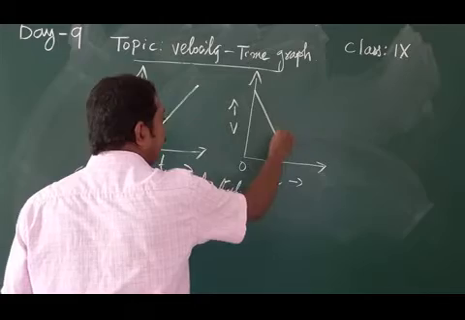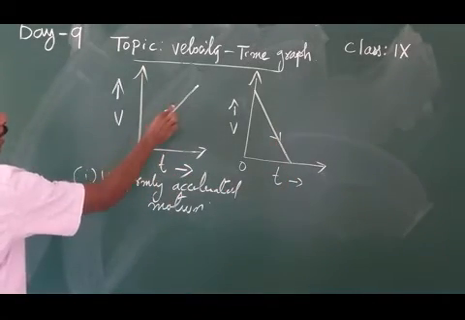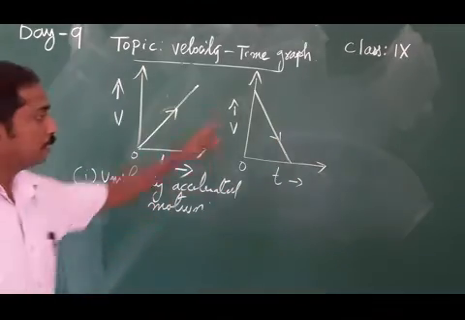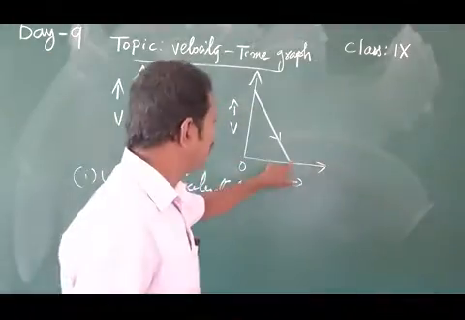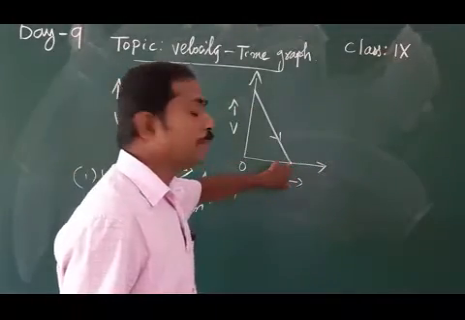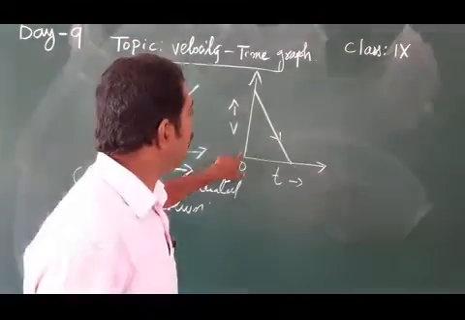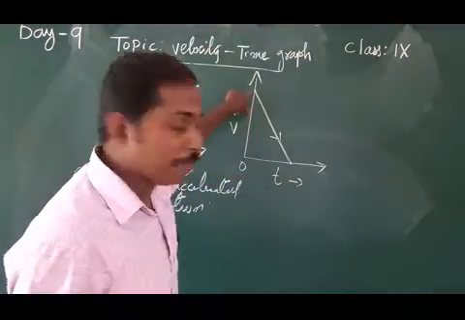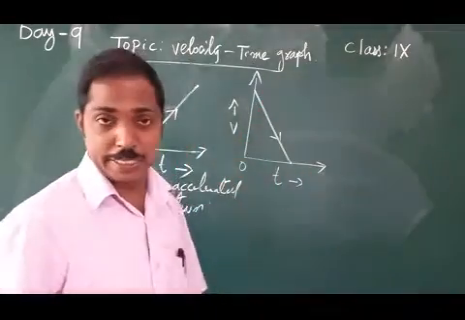Here velocity decreases. Velocity decreases and finally velocity becomes 0. At this time velocity becomes 0. So our velocity was maximum, then as time increases, velocity decreases.